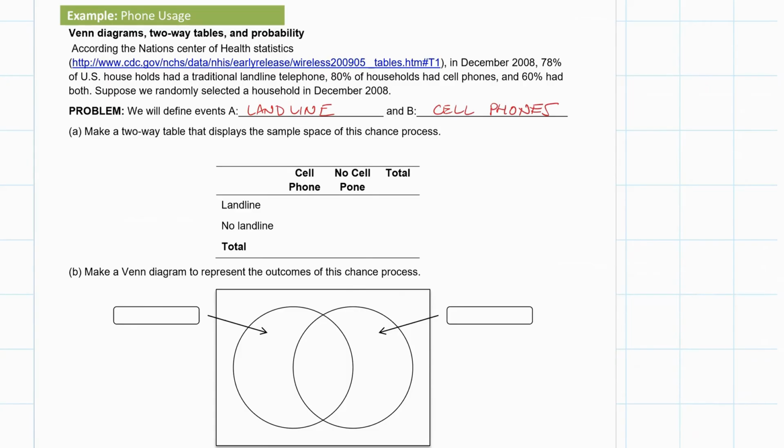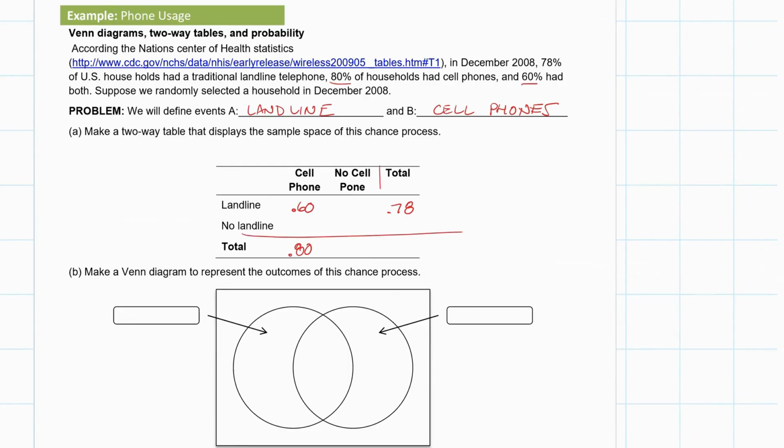This time we'll do the diagram with probabilities. 78% had landlines, 80% had cell phones, and 60% had both. So I'll put 60% there.